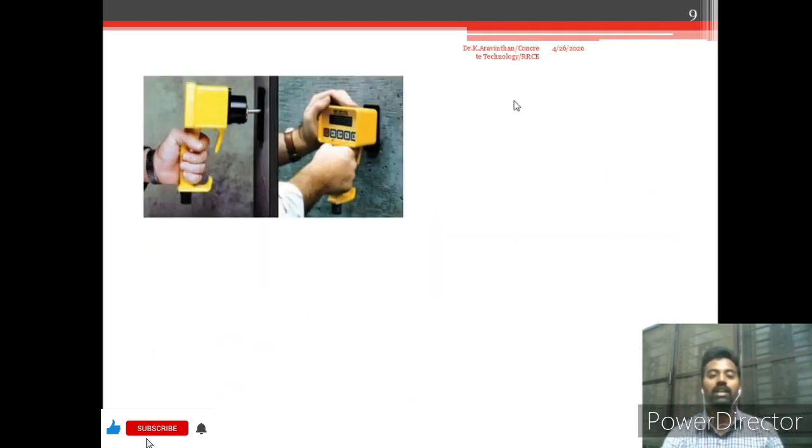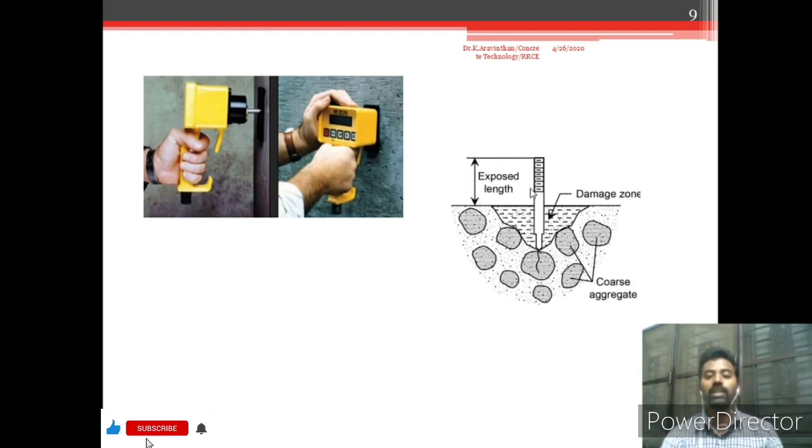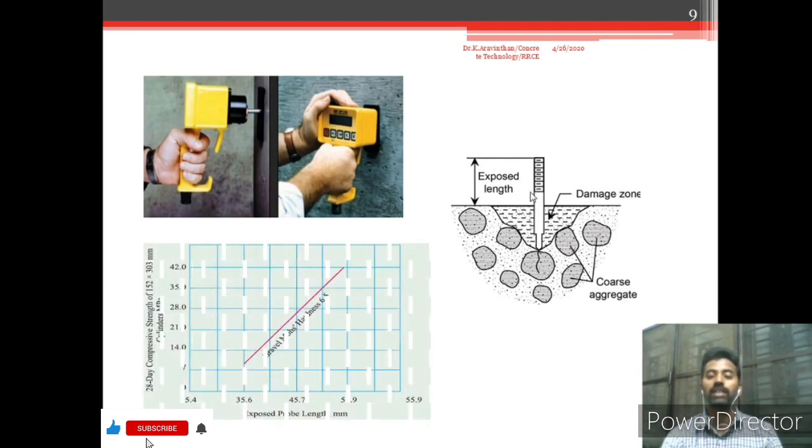Here you can see a digital penetrometer. After penetrating with this needle, you will have a depth of penetration. This is the needle, and after the penetration you will have a certain exposed length. By this exposed length you can identify the strength of the member.